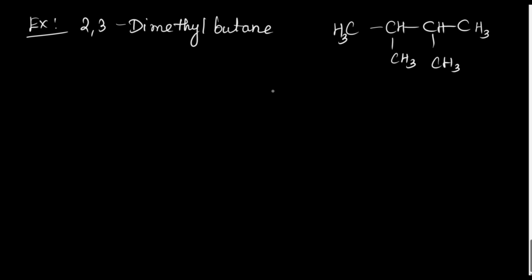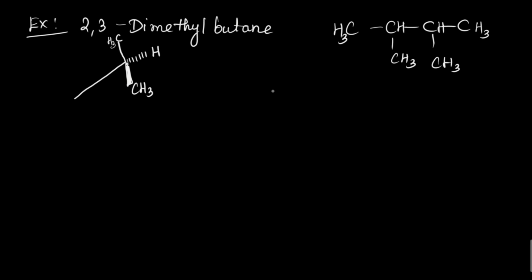First, let's start with wedge and dash. Here I have 2 carbons. Let's say I have hydrogen behind the plane and one CH3 on a solid wedge, towards you.